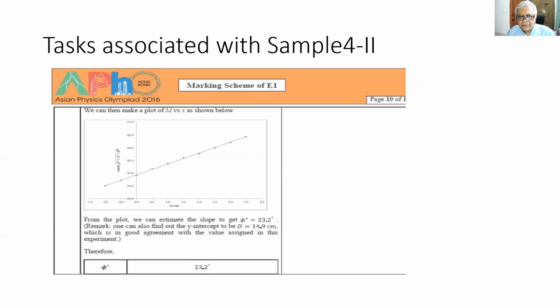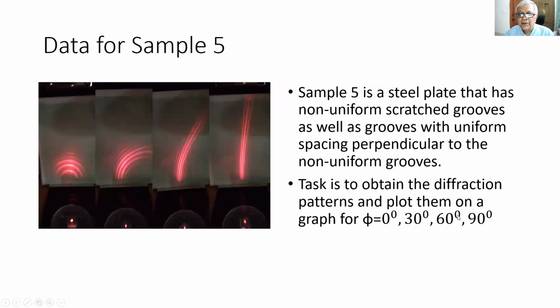But this is not going to coincide with the 90-degree mark of the circular scale. Obviously not, because there's a tilt. The difference in that would exactly give you what is phi star, and therefore phi star is just 23.2 degrees as you get from there.